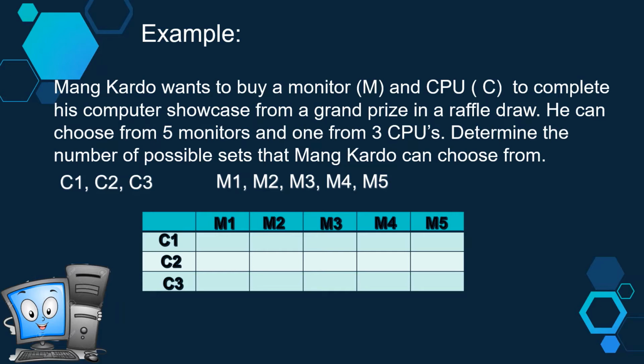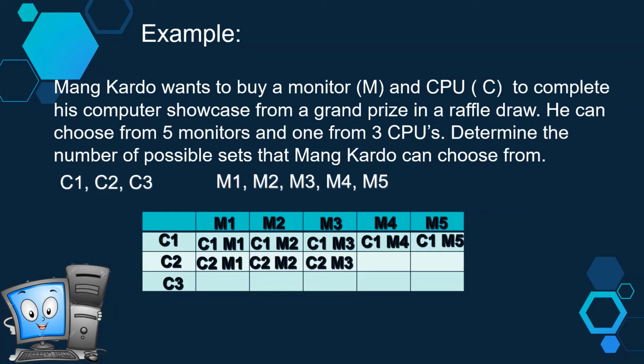Okay, now, for the possible outcomes, so these are the sample space. The first one, we have C1, M1; C1, M2; C1, M3; C1, M4; and C1, M5. Then we also have C2, M1; C2, M2; C2, M3; C2, M4; and C2, M5.